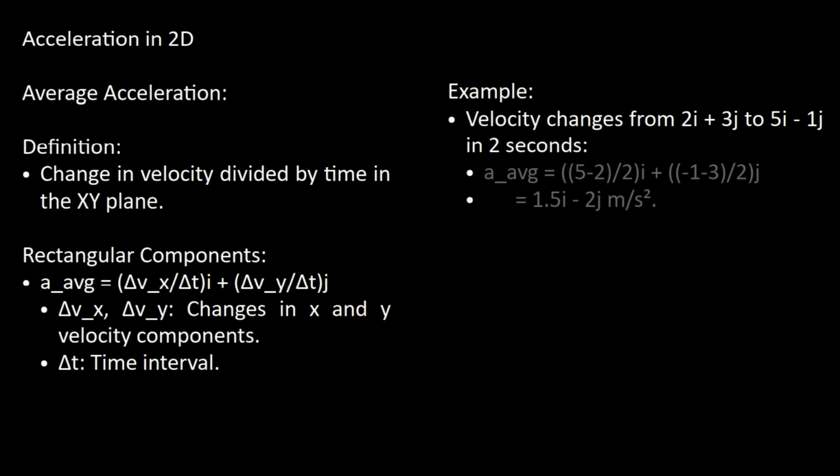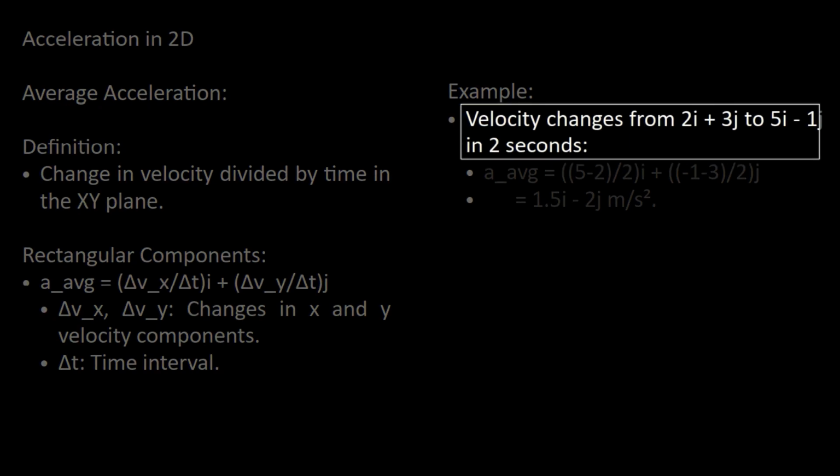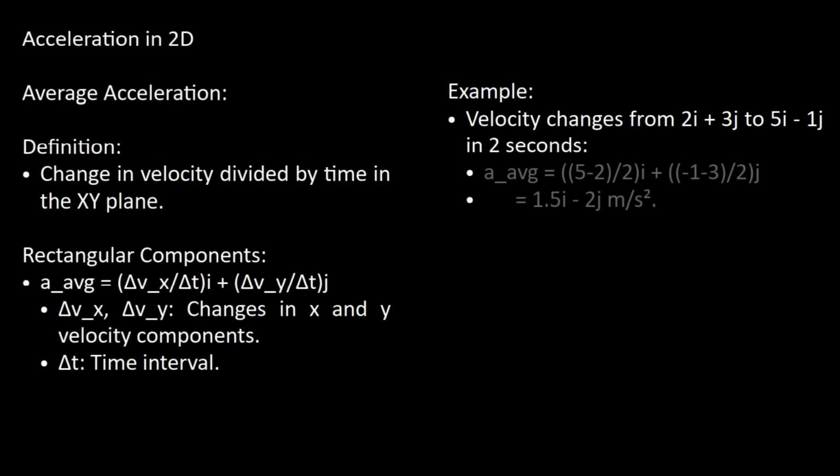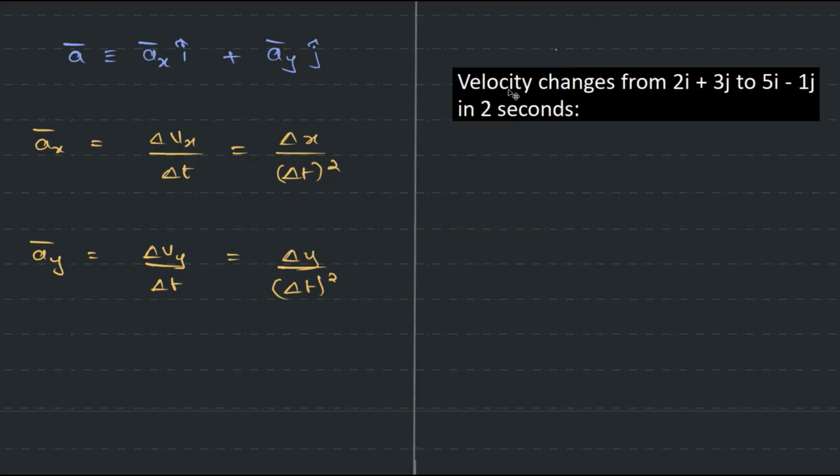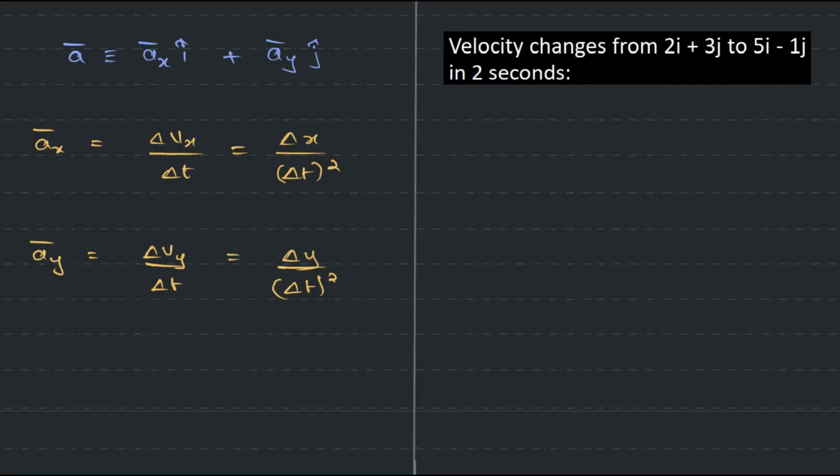So we have an example. So velocity is given. We need to figure out the average acceleration. So velocity initial, and this is velocity final. So the average acceleration is change in velocity by change in time.